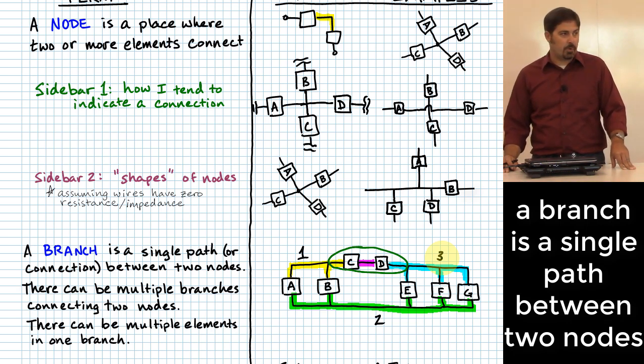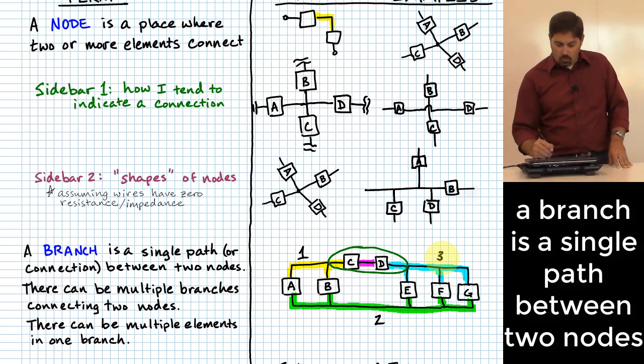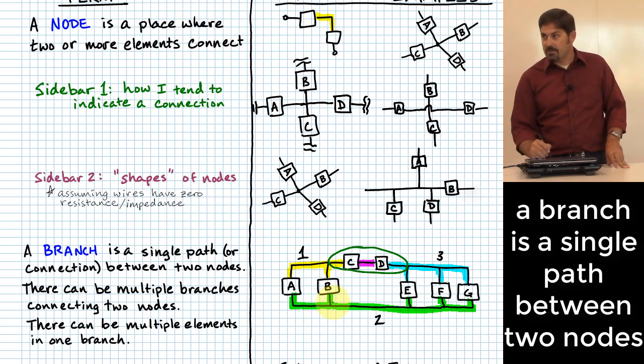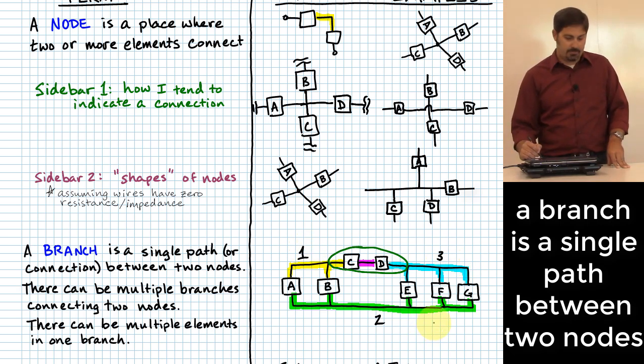Now, what about between 1 and 2? How many branches do I have between 1 and 2? I've got 2, right? One that goes across element A and one that goes across element B. There's 2 different paths for me to get from node 1 to node 2. What about for node 3 to node 2? 3 of them, right?